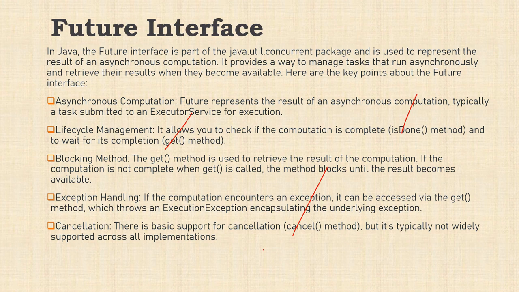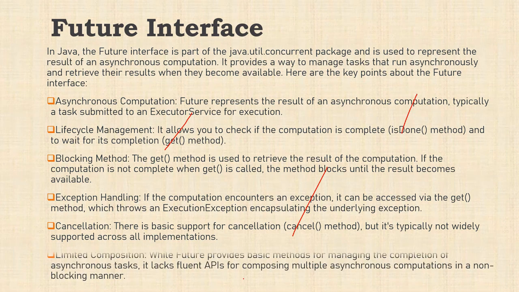So let's start. Next one, limited composition. While Future provides basic methods for managing the completion of asynchronous tasks, it lacks a fluent API for composing multiple asynchronous computations in a non-blocking manner. So it's not possible with Future to execute in a non-blocking scenario.